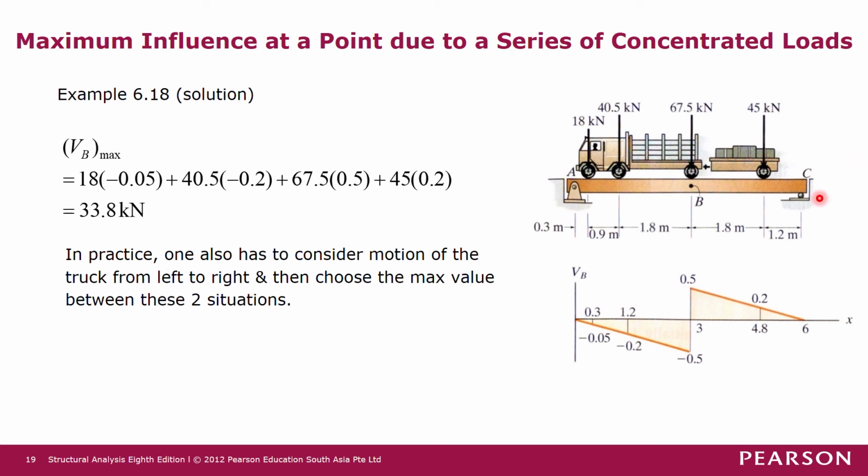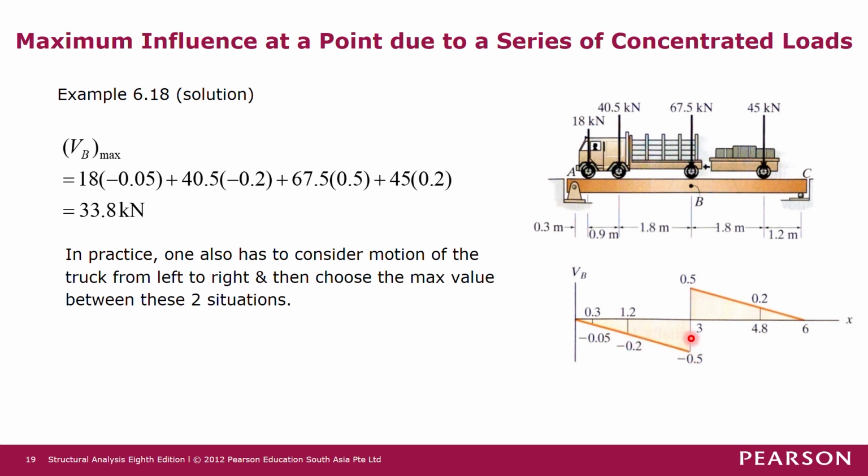If we consider the truck moving from the left hand side to the right hand side, then all the load will move on a negative slope. So there is a negative change in shear force when the load moves from the left hand side to the right hand side.